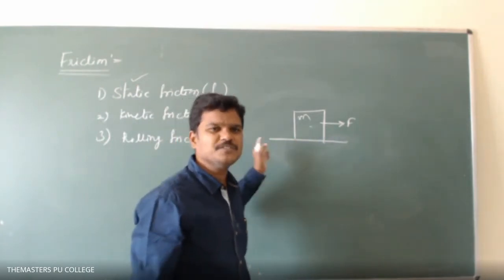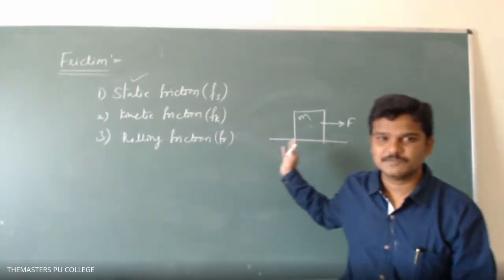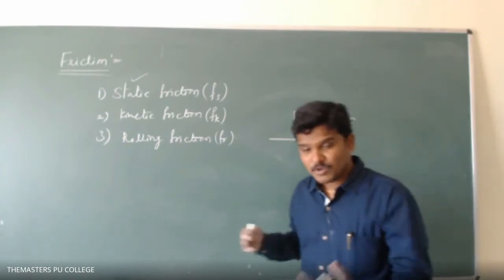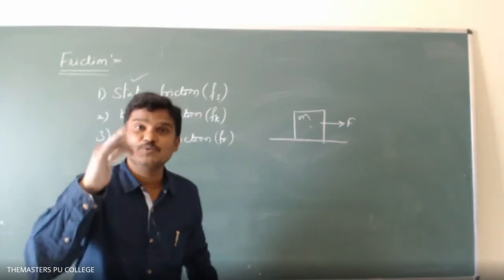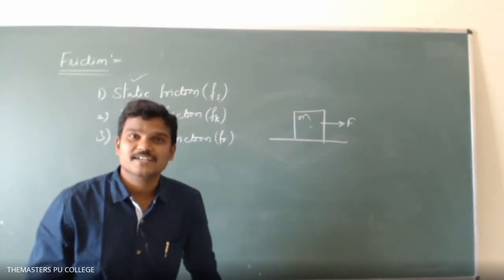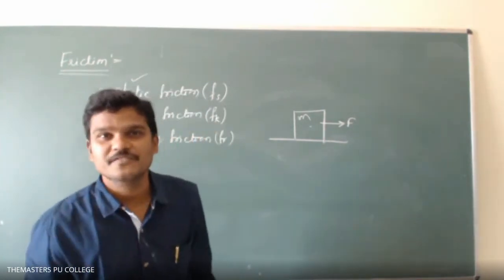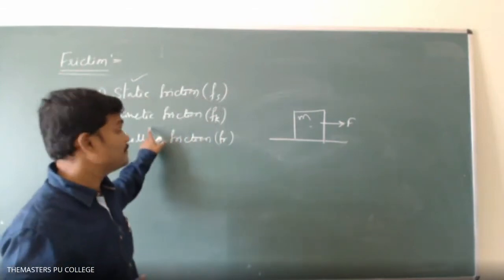Suppose this body is moving with a certain speed based on the application of force. Even if the body is moving with a certain speed, there will be a frictional force between the two surfaces. That means the frictional force present when one body moves over the surface of another body, we can call kinetic or dynamic friction.